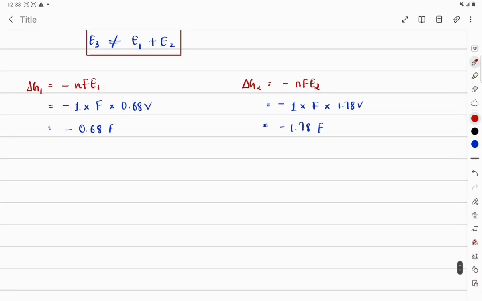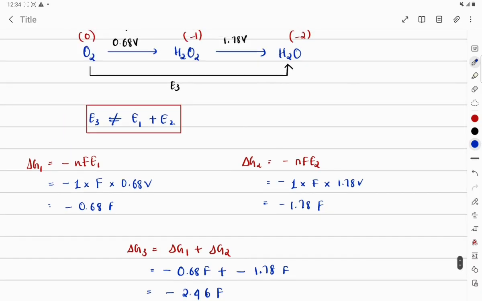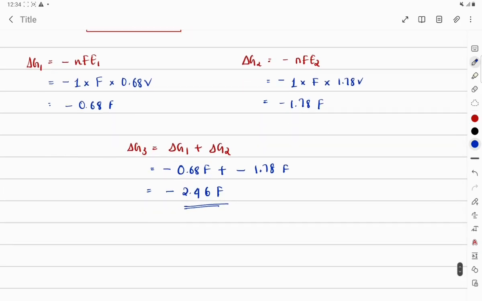So delta G3 will be equal to delta G1 plus delta G2. That will be minus 0.68 into Faraday plus minus 1.78 into Faraday. When you sum them up, you will get a value of minus 2.46 into Faraday. This is the delta G value for the third step, or directly from O2 to H2O.